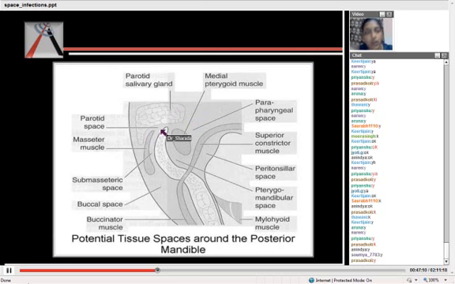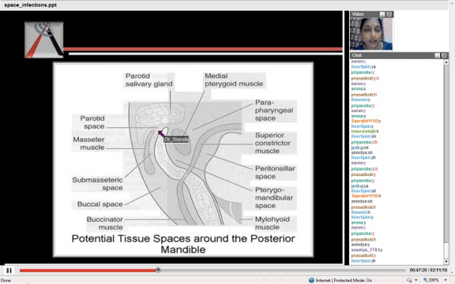Now we're going beyond the masseter muscle. Can you see this? This is the masseter muscle. The whole thing is the masseter muscle. We are going beyond it, next to the parotid gland and this. That is your mandible and your parotid gland, right? So this will form a potential space known as parotid space. Okay?